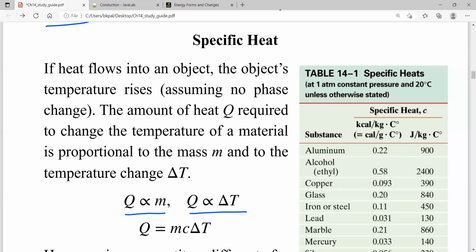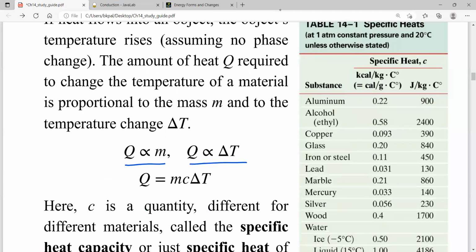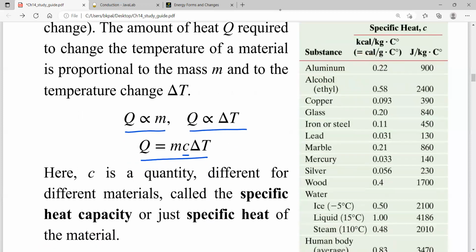One is the mass, and another is how much temperature you want to change. If you want to combine these two, you can write this as Q = mΔT, and because now it is an equation, we need a proportionality constant. Here c is the proportionality constant, and it has some special name.